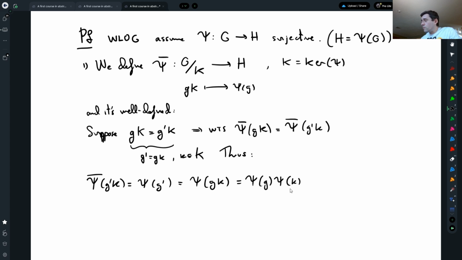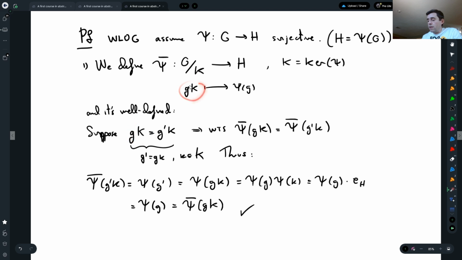And now k is in the kernel, so psi of k is the identity in H, and this is then just psi of g, but that is the image through psi bar of the coset gK. And therefore, we are done. We get the same value regardless of the representative of my coset that I'm using to define the map. So it is well defined.